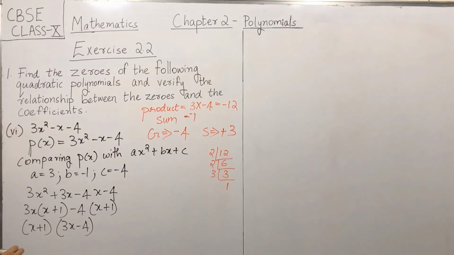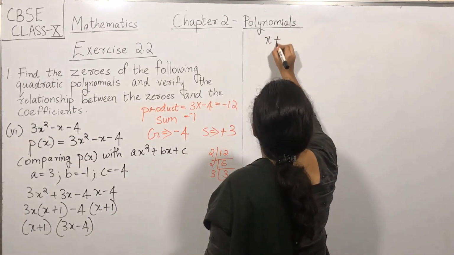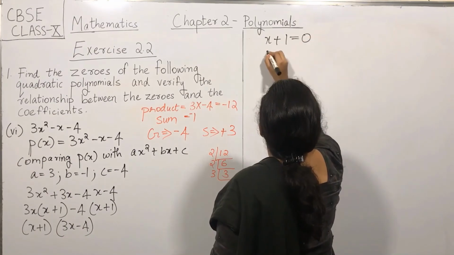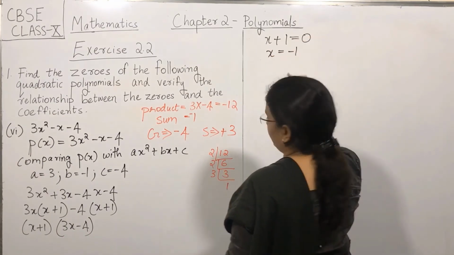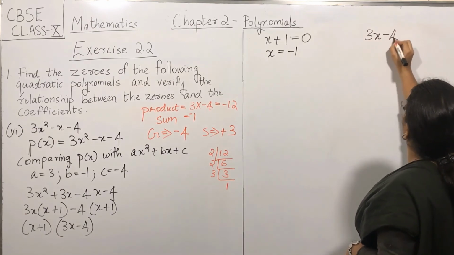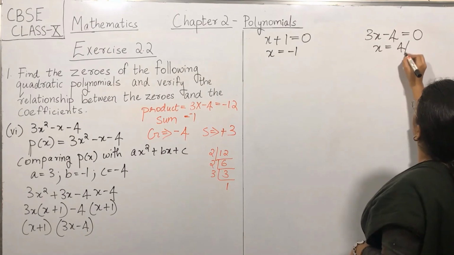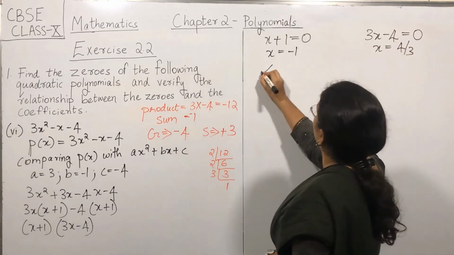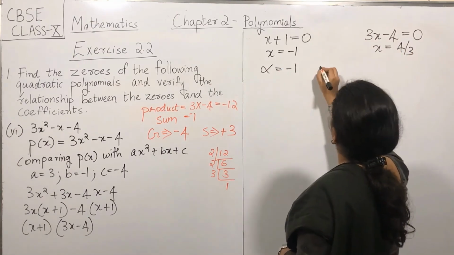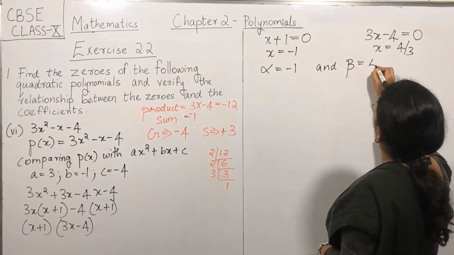Then we can equate to 0. X plus 1 equals 0, x equals minus 1. 3x minus 4 equals 0, x equals 4 by 3. So we got alpha equals minus 1 and beta equals 4 by 3.